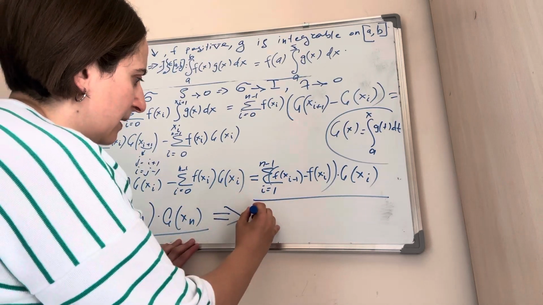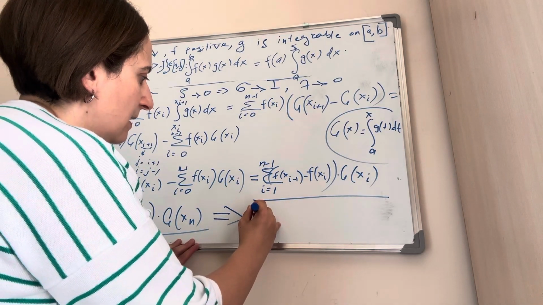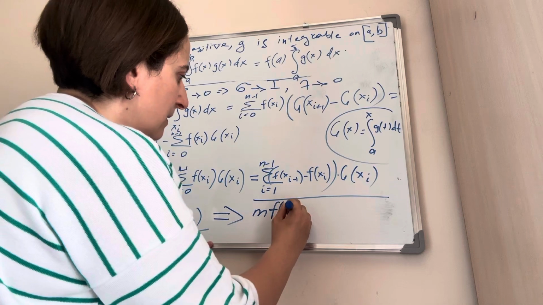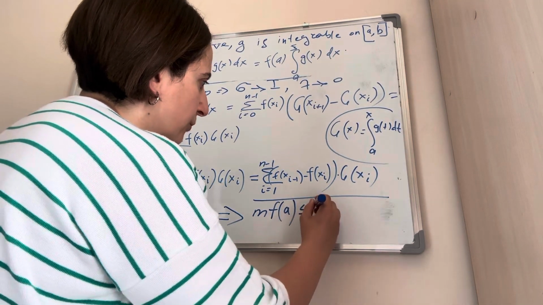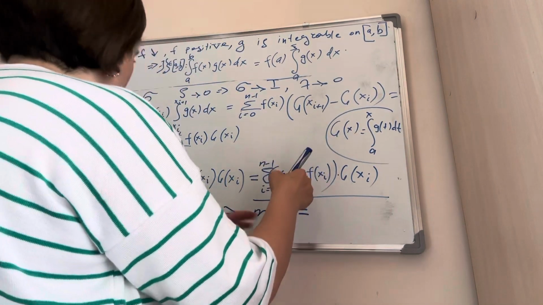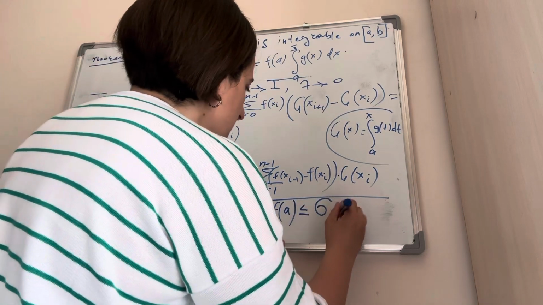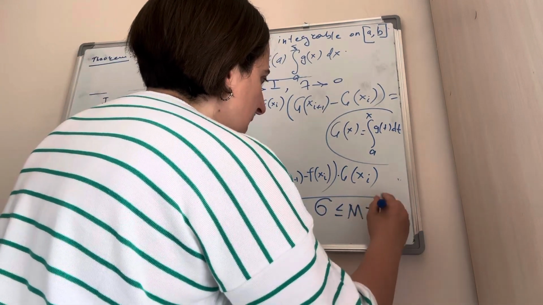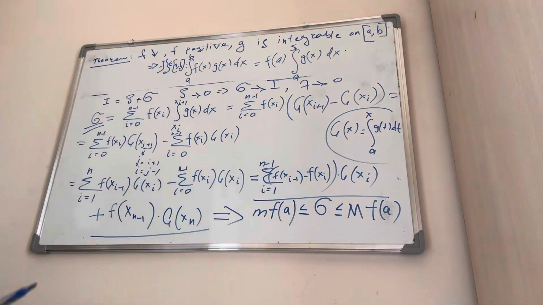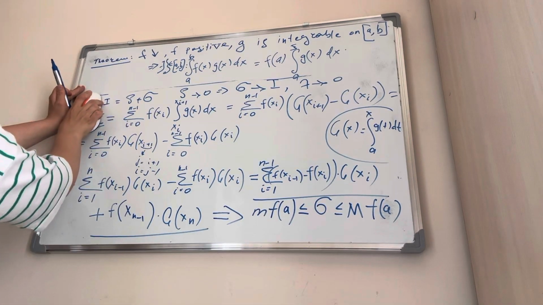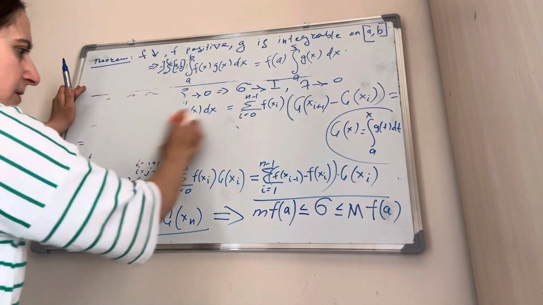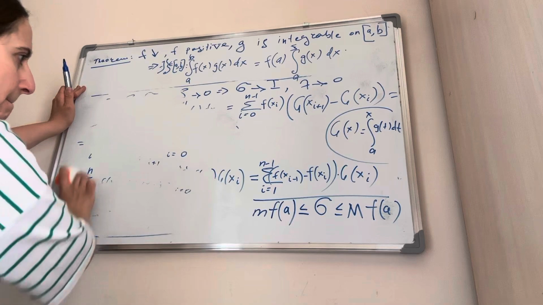Therefore, I am getting that m times f(a) is less than or equal to sigma, and this is less than or equal to M times f(a) here.